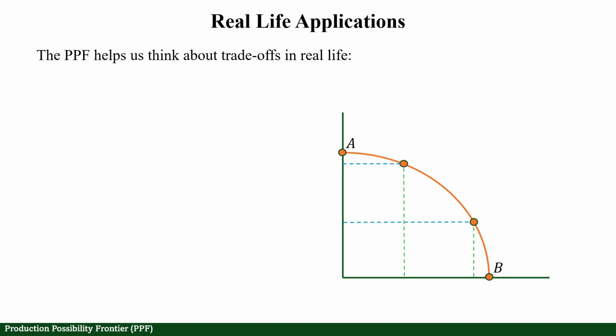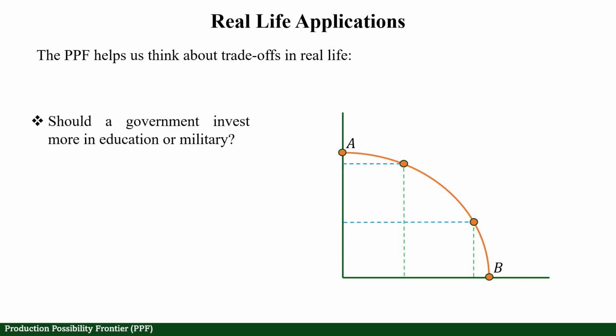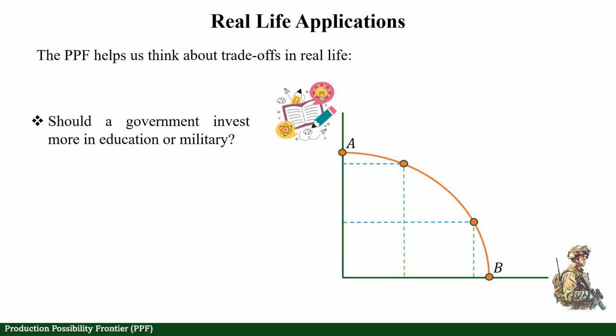Now, if we want to consider a real life example, the PPF helps us understand the trade-offs in real life. The question is, should a government invest more in education or military? We can decide from the explanations, from the resources, and from the demand of the country, which kind of commodity is more in demand by the people and by the state.